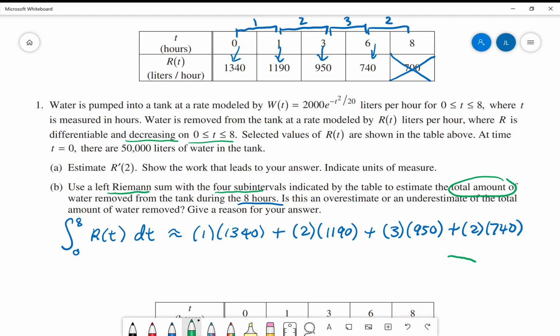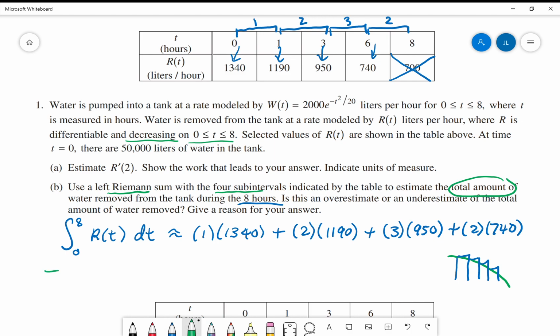So go ahead, draw yourself a decreasing function, and what you're going to do is draw rectangles where the left side or the left height is hitting the curve. And when you do so, you're going to see that the rectangles come a little bit over the curve. In other words, the area of the rectangles is going to be greater than the area under the curve.